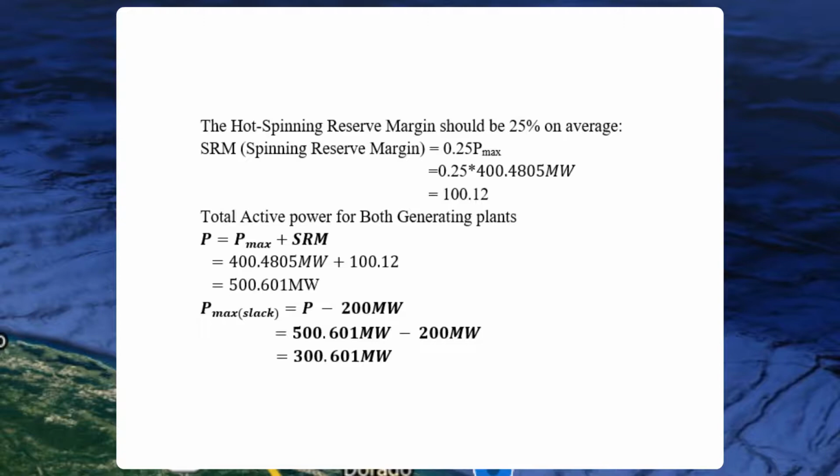Below that, we have the calculation that displays the maximum power for the slack, where the minimum output for the slack bus would be 200 megawatts, which leaves the maximum power that could be generated in the case of the next generator being out or contingent. In the future, my colleague will go about the contingency study.